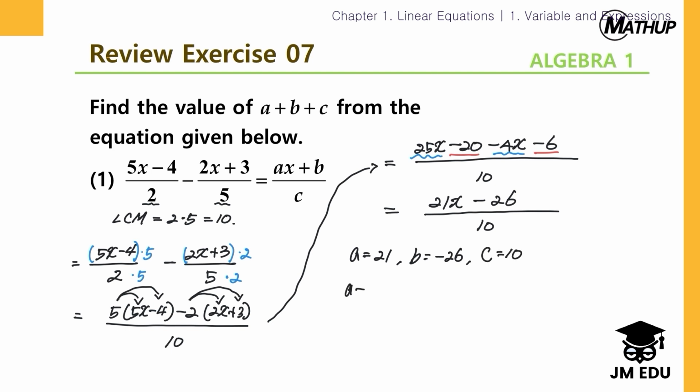Finally, a plus b plus c is equal to 21 plus negative 26 plus 10. So 21 minus 26, that's negative 5. Negative 5 plus 10, that's positive 5, right?